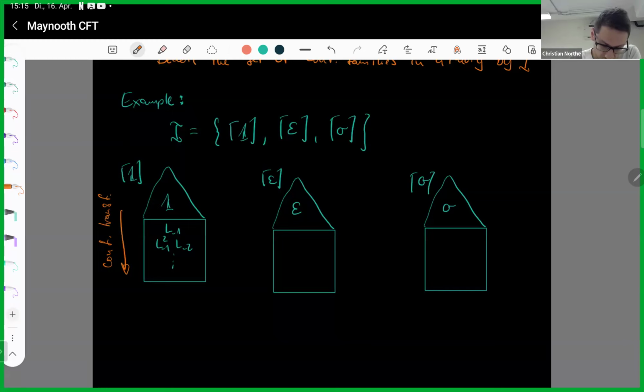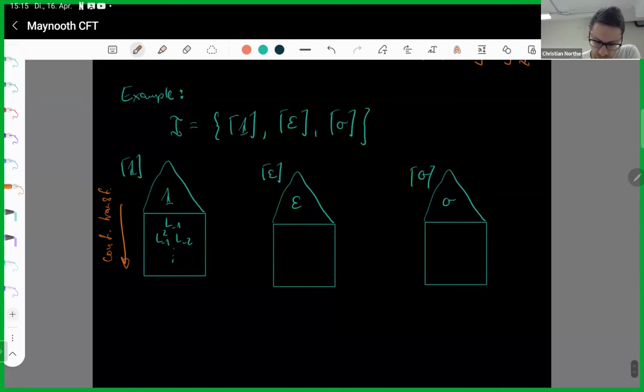So that means that if I perform a conformal transformation on a field which sits in the identity family, then it's only going to be reshuffled in this family. It's never going to mix. There's no mixing between the families under conformal transformations.